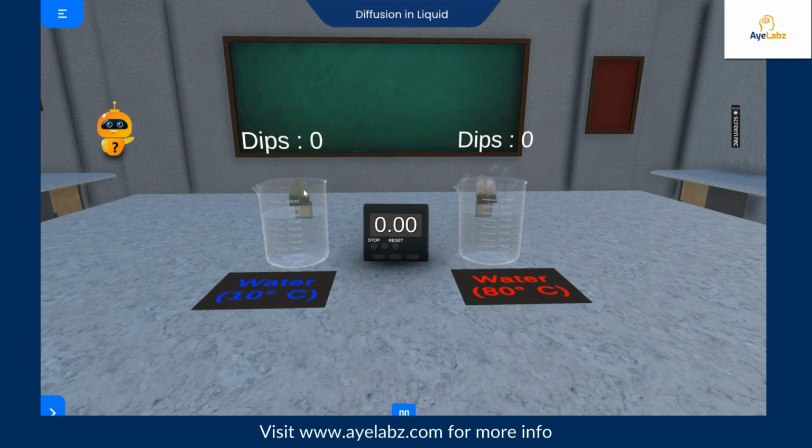Let's dip both the tea bags at a time to observe the changes. As I am dipping the tea bags into the solutions of varying temperature, you can observe that at high temperature the liquid particles diffuse more easily than in the low temperature solution.